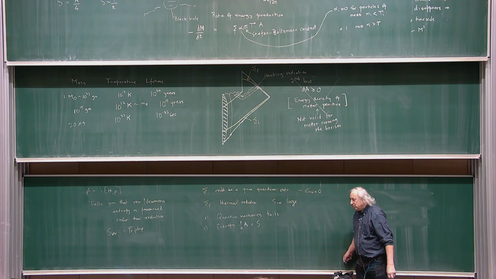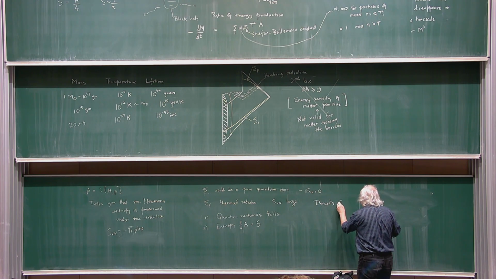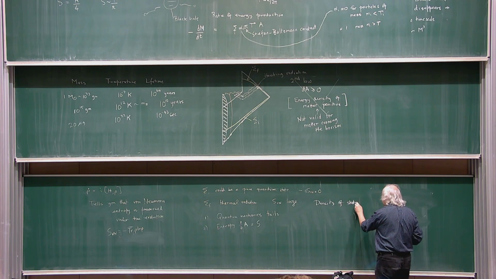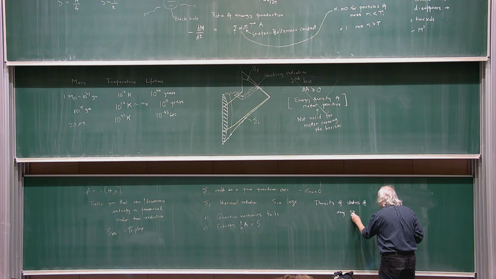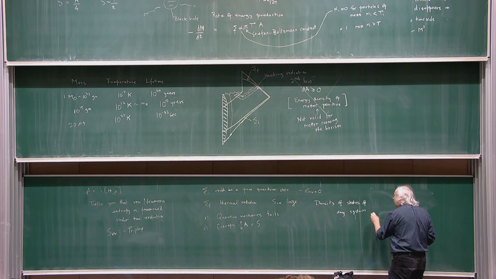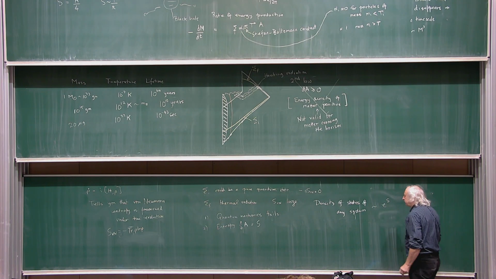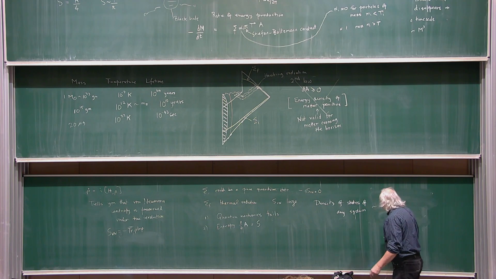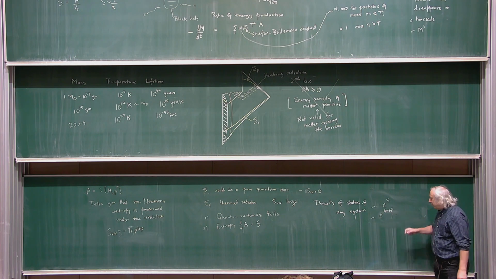If we were Boltzmann, we would say that the density of states of any system is proportional to e to the S. I should point out that this looks like, for the Schwarzschild metric, e to the 4 pi m squared. And this factor is, of course, not bounded by the Boltzmann factor.